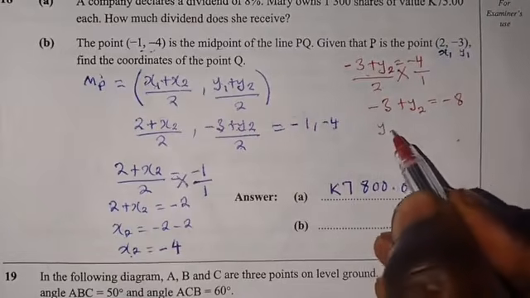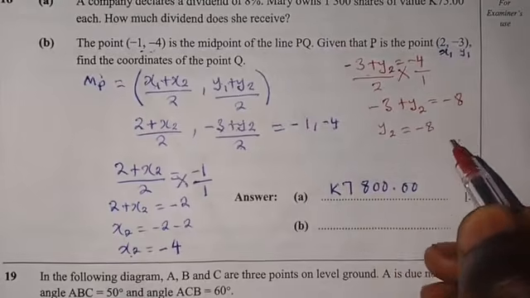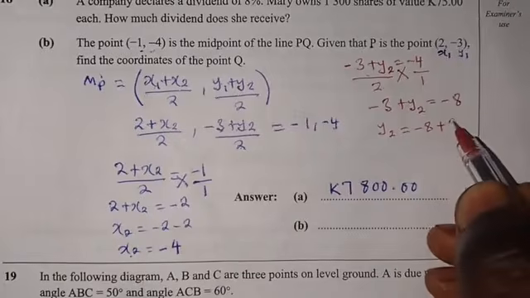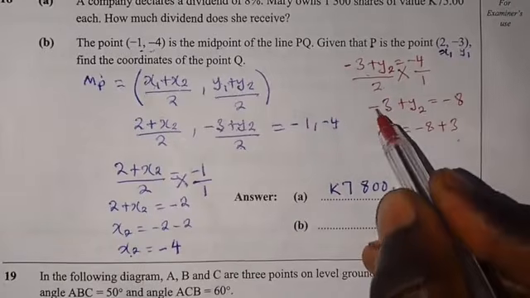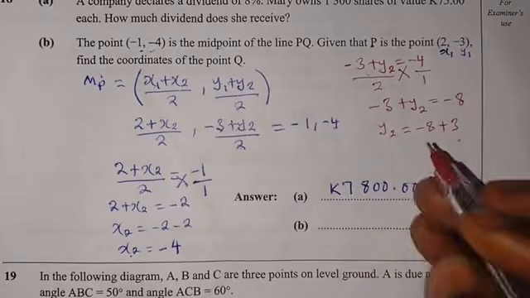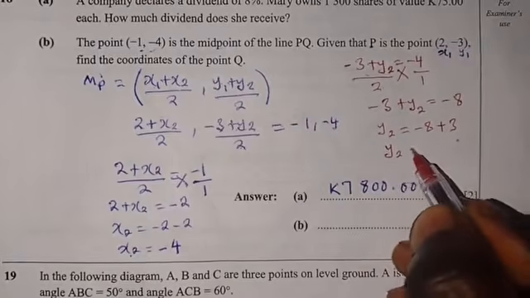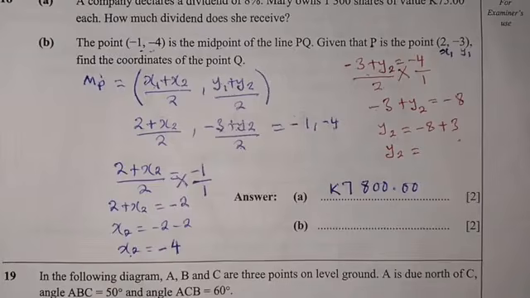So we say y2 is equal to -8, then plus 3. This is a minus. When you go to the right hand side, it becomes a plus. So y2 is equal to -8 plus 3.